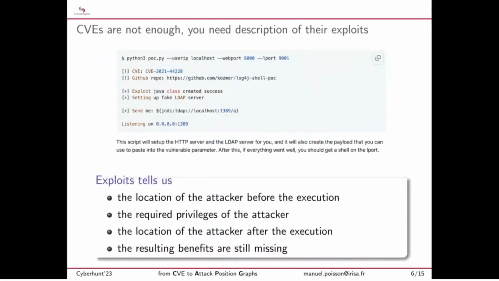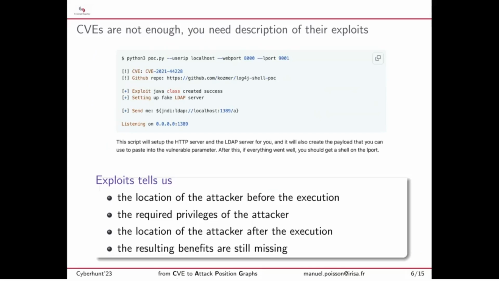However, the data we have when looking for information about the CVE is not enough, and the exploits related to the CVE give a lot of information about how it works.